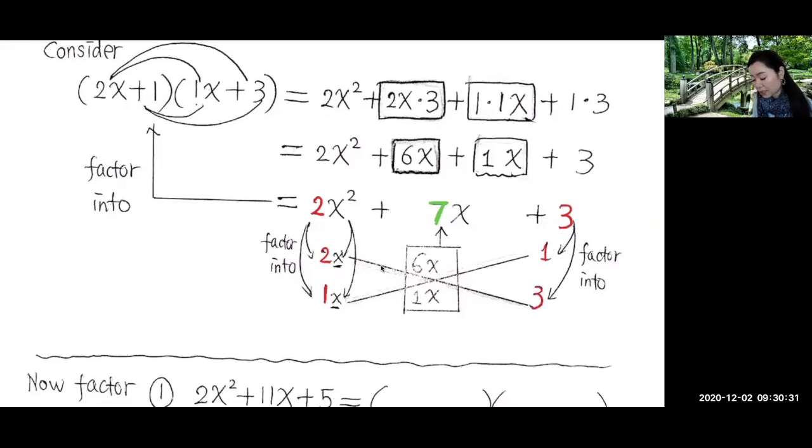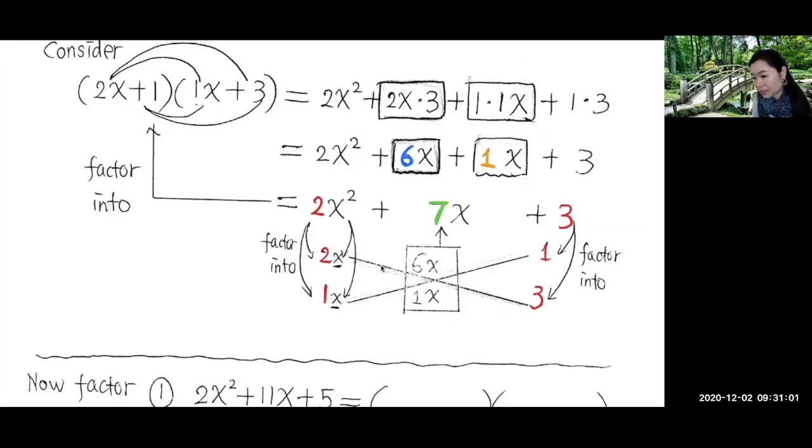Now we have to think about the middle one. Where does this 7 here come from? The 7 comes from this 6 plus this 1. So 6 plus this 1 gives you 7.